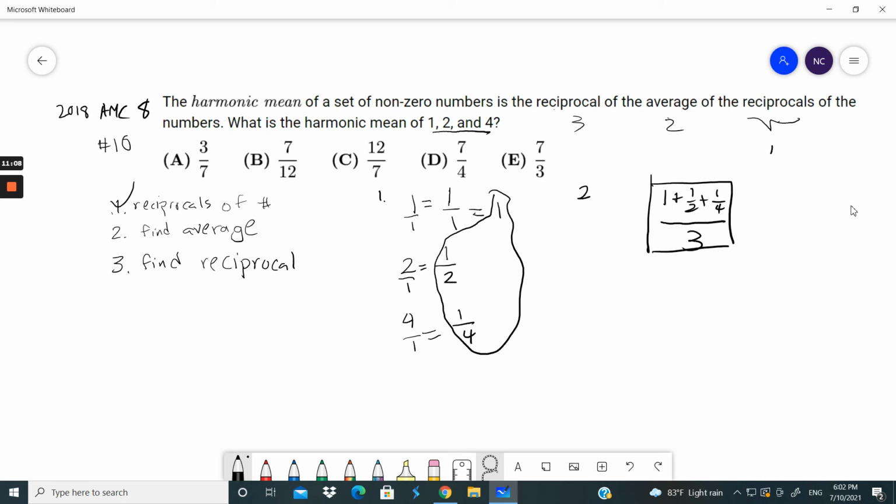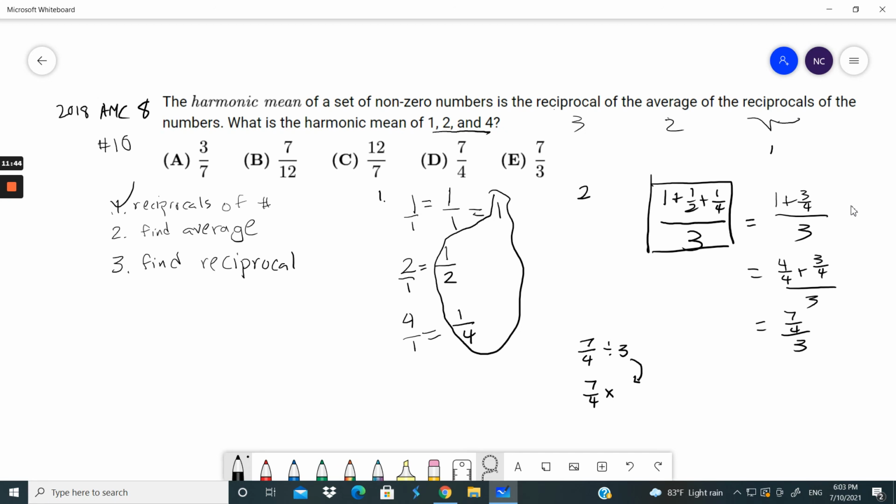And we just have to solve. So 1 plus 1/2 plus 1/4 is the same thing as 1 plus 3/4, all over 3. And it's the same thing as 4/4 plus 3/4, over 3, which is equal to 7/4 over 3. Now, 7/4 over 3 is the same thing as 7/4 divided by 3. And for those of you who didn't know, division by fractions is the same thing as multiplying by the reciprocal of the second number.